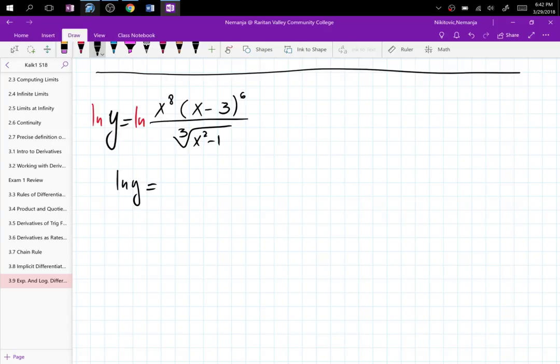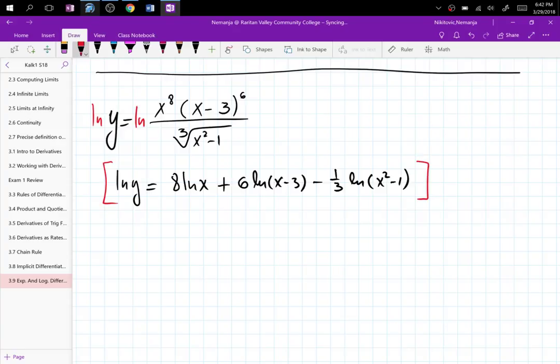So, I have 8 ln x plus 6 ln x minus 3 minus 1/3 ln x squared minus 1. So all I did is those three formulas combined to expand everything. Now I hit this with the derivative.